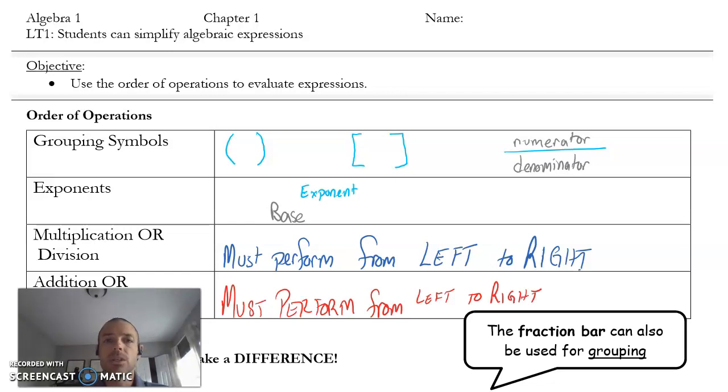If there's a division problem before a multiplication problem, as you work from left to right, you have to do the division first. These two are kind of grouped together. And then the same goes with addition and subtraction. You perform those operations from left to right. It does not matter if subtraction comes first. More than that when we get to a couple examples down here.